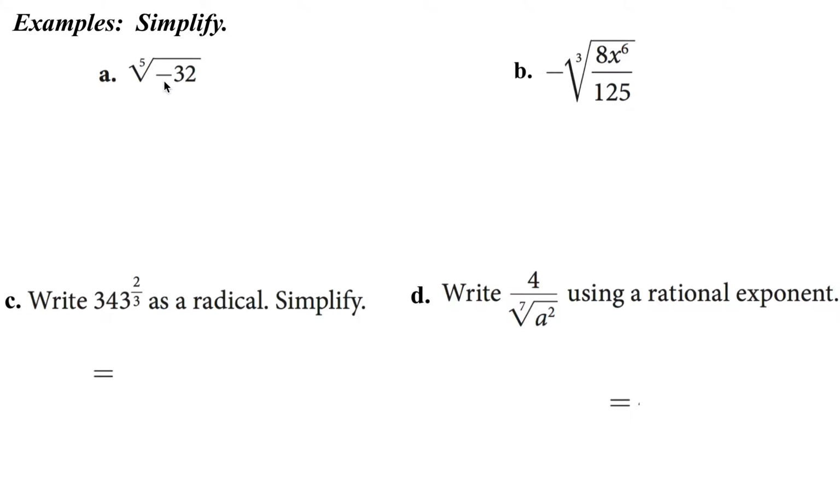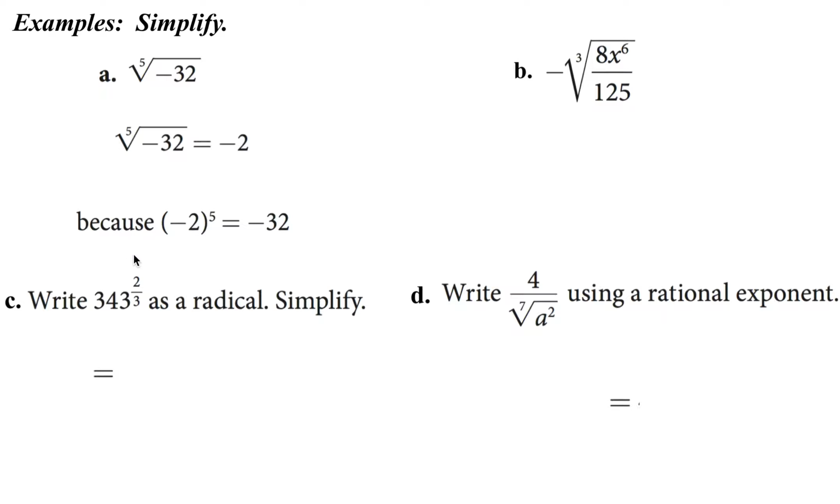Letter A says find the fifth root of -32. One thing to notice, 5 is an odd number, so we would never get a negative value under the radical if we have an even exponent or an even index. So we know our answer will be negative. So what number times itself 5 times will give us 32? Well, the fifth root of -32 is -2.